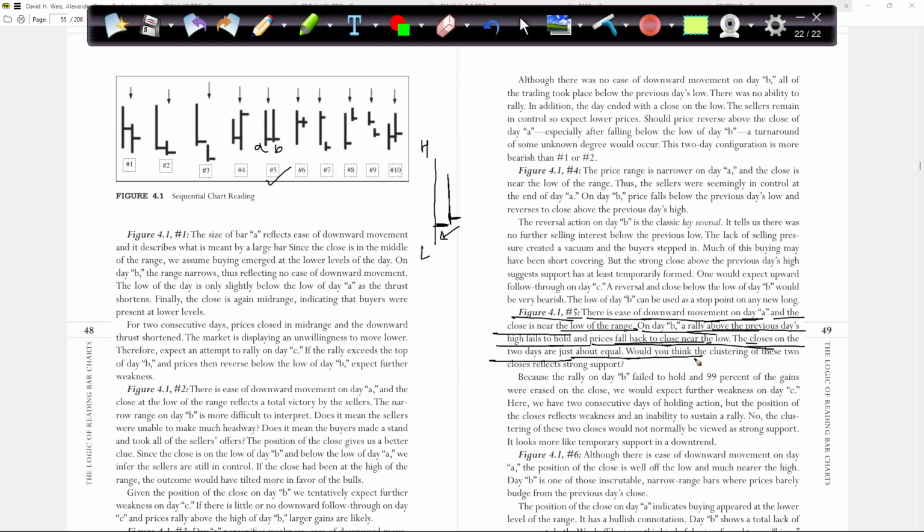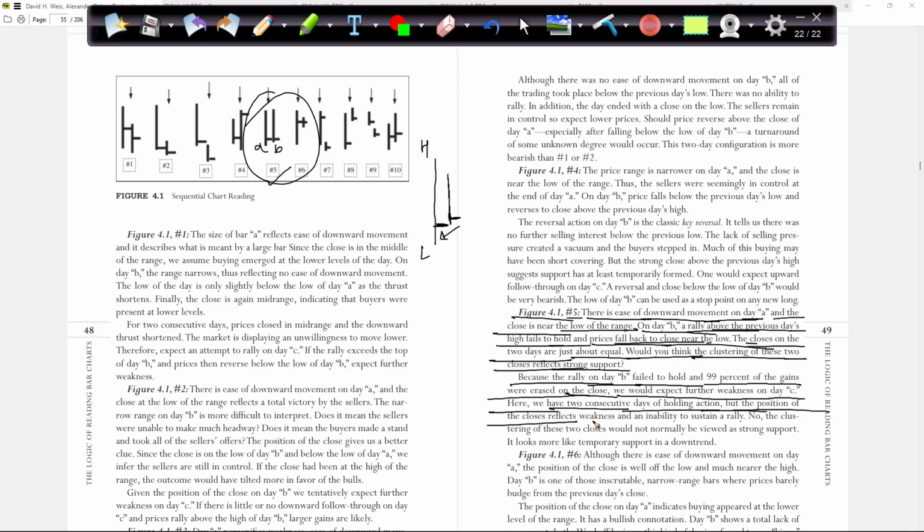Would you think the clustering of these two closes reflects strong support? Because the rally on day B failed to hold and 99% of the gains were erased on the close, we would expect further weakness on day C. Here we have 2 consecutive days of holding action, but the position of the closes reflects weakness and an inability to sustain a rally.